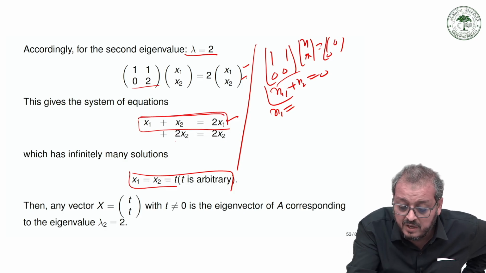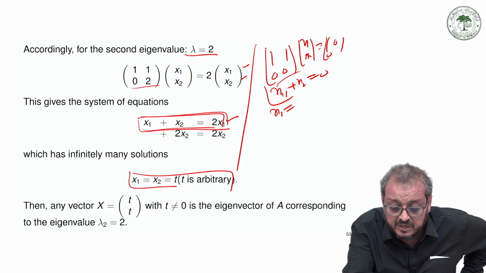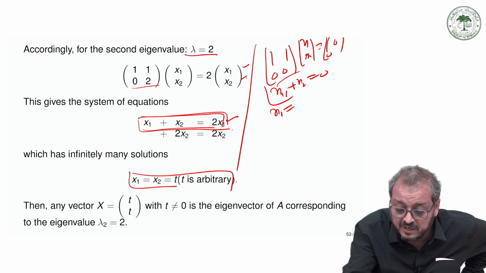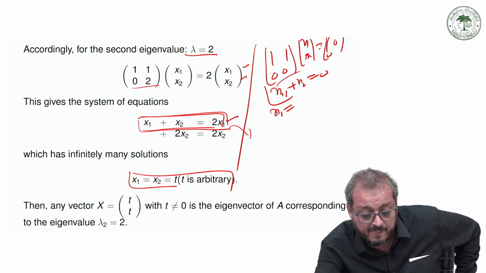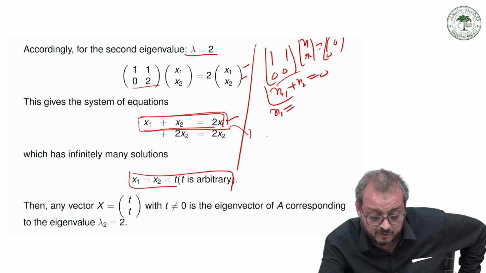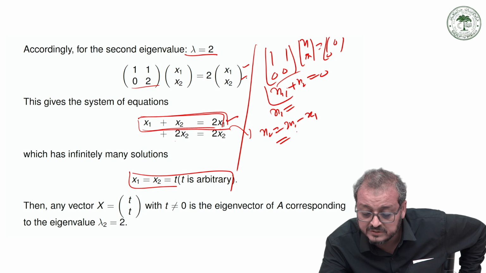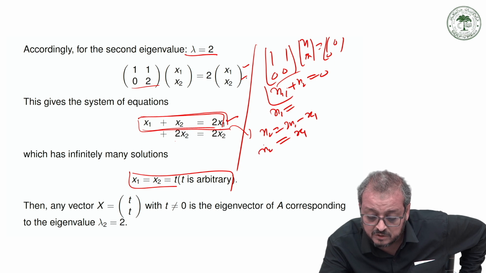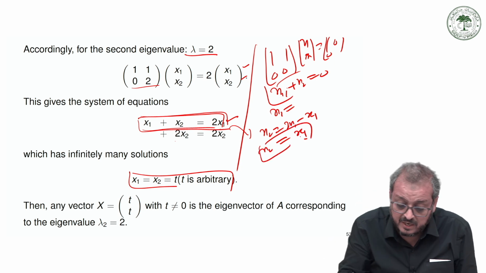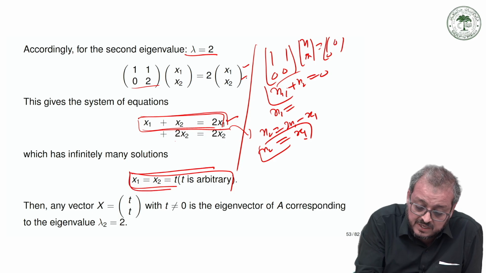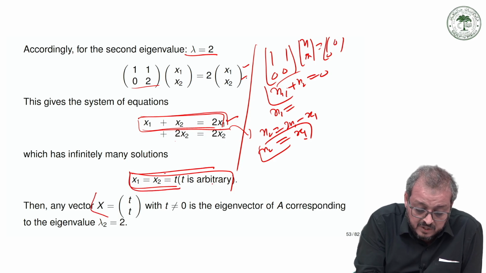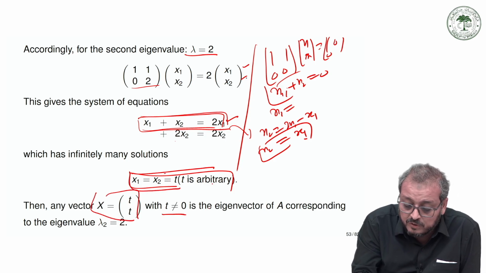Taking it into this form, x2 is equal to twice x1 minus x1, which is equal to x1. So x2 and x1 are the same, arbitrary: x1 equal to t, x2 equal to t, where t should not be equal to 0.